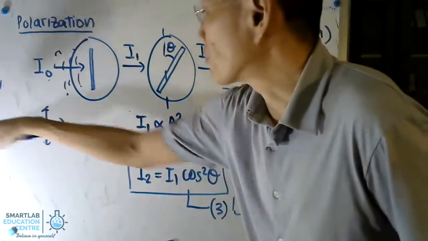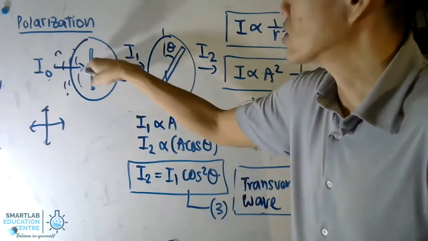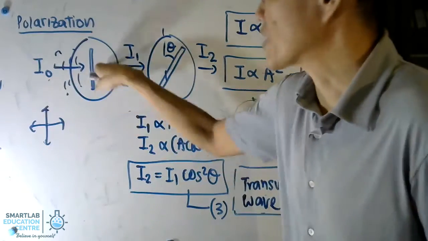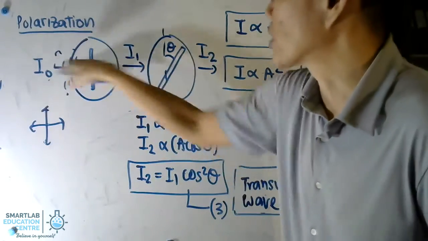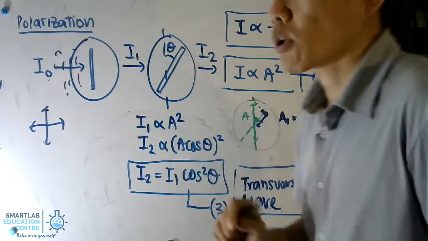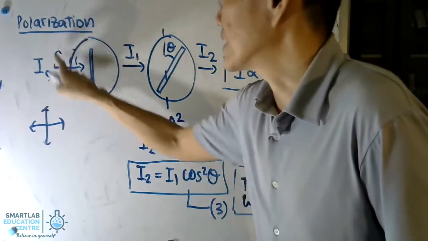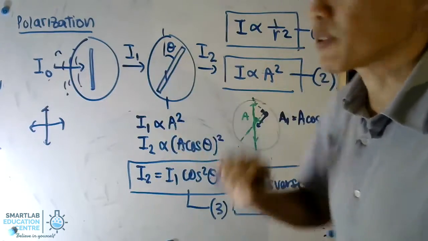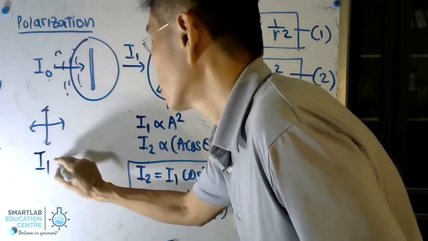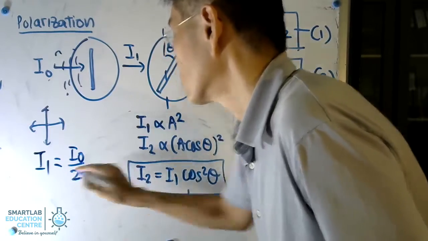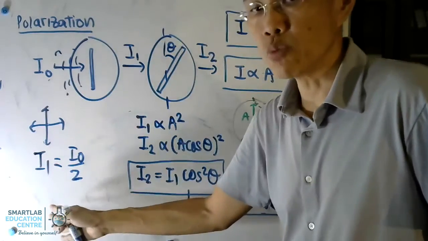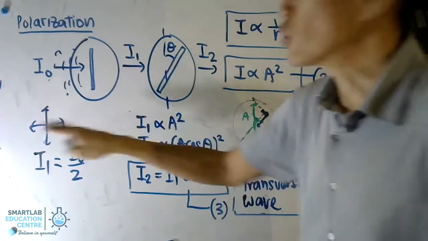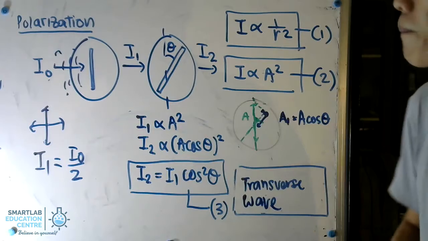Those particles that are vibrating in this direction would not be able to pass through, as physically they will be blocked, as physically the particles will be prevented from vibrating in this direction. Therefore, if we have an intensity of I naught that passes through the first Polaroid, then I1 will now be equal to I naught over 2. Because half the amount of the particles that are vibrating in this direction would not be able to pass through the first Polaroid.